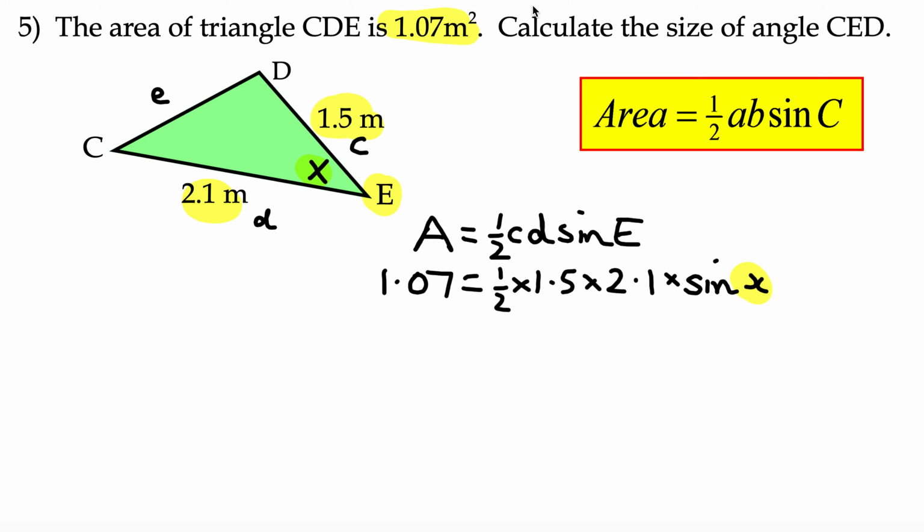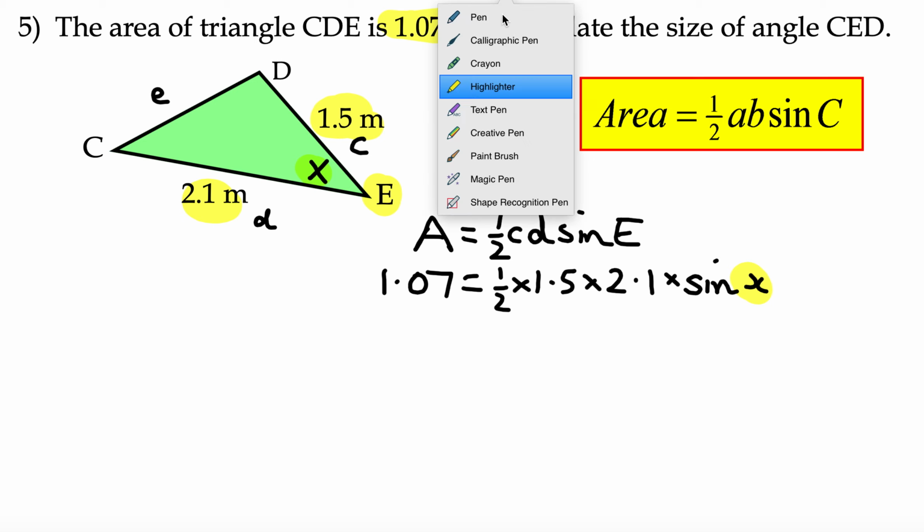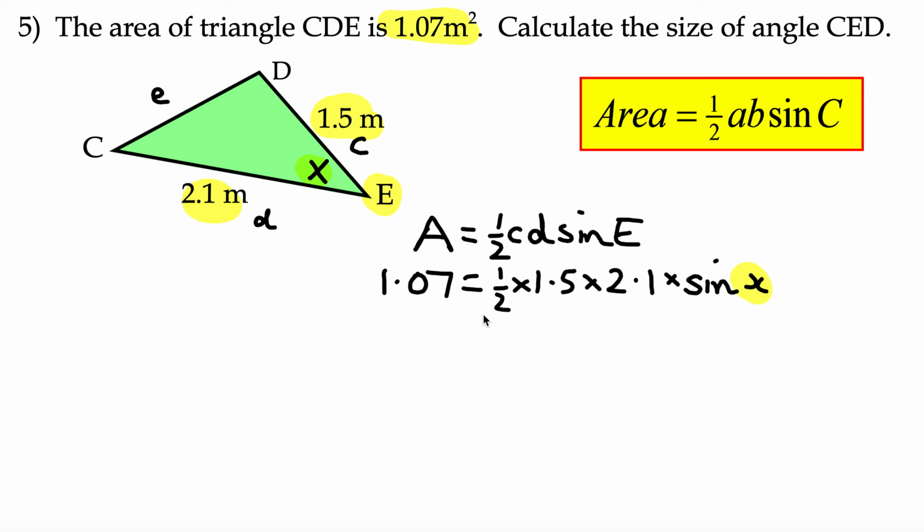So just like I did with the previous example, what we can do is use your calculator to work out all of the multiplications on the right hand side which involve actual numbers.